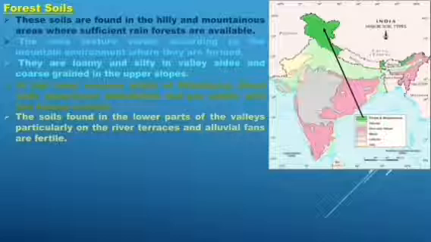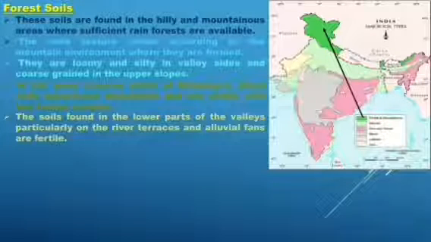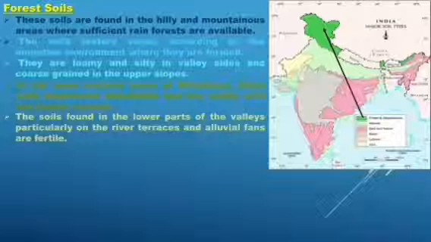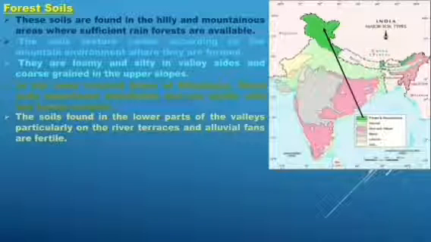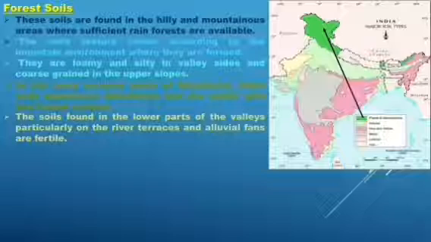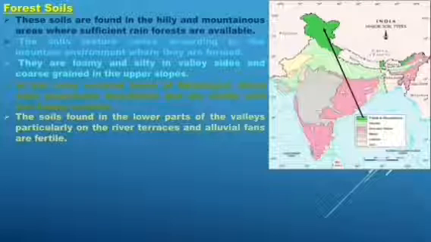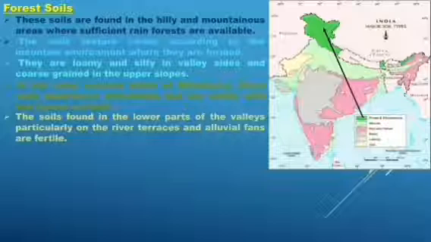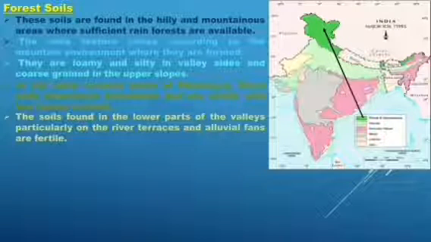The soil becomes acidic and doesn't contain a large quantity of humus, meaning it has low humus content. These soils are found in the lower parts of the valleys, particularly on the river terraces and alluvial fans.